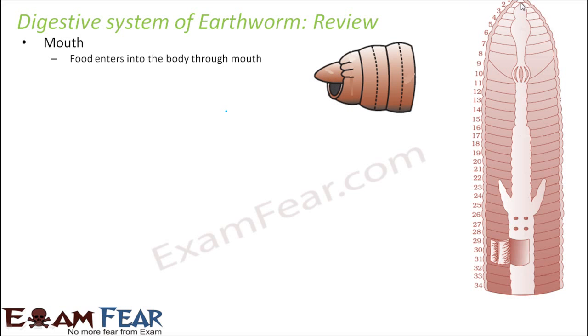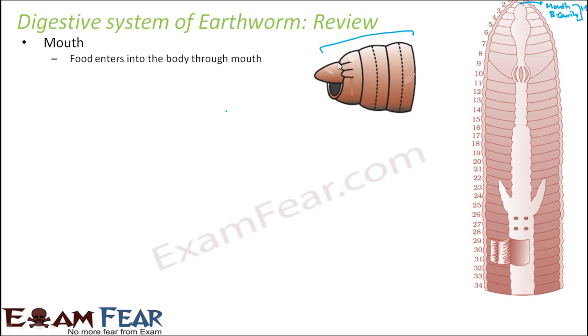So here is the mouth. Correct? Now from the mouth, it enters into the oral cavity, that is the buccal cavity. So mouth and buccal cavity cover the first 3 segments: 1, 2 and 3.